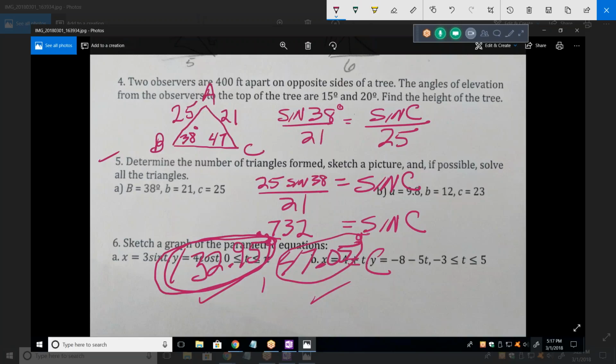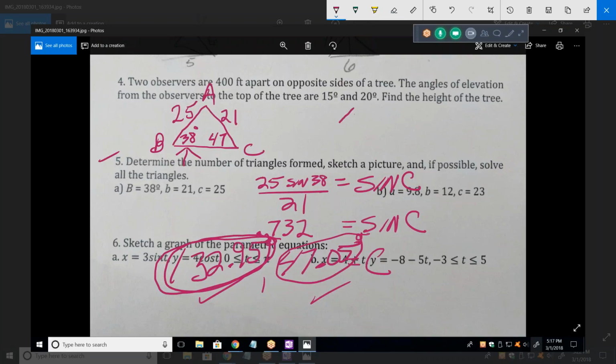And the way you figure it out is you add it to the only known angle, which is that one right there. And if it doesn't exceed 180, then you can definitely draw this triangle that way. If it exceeds 180, well, then throw that second solution out, and you don't have the ambiguous case.